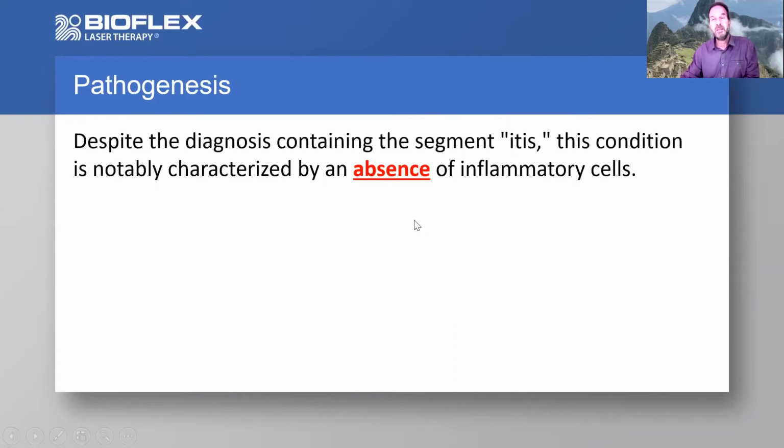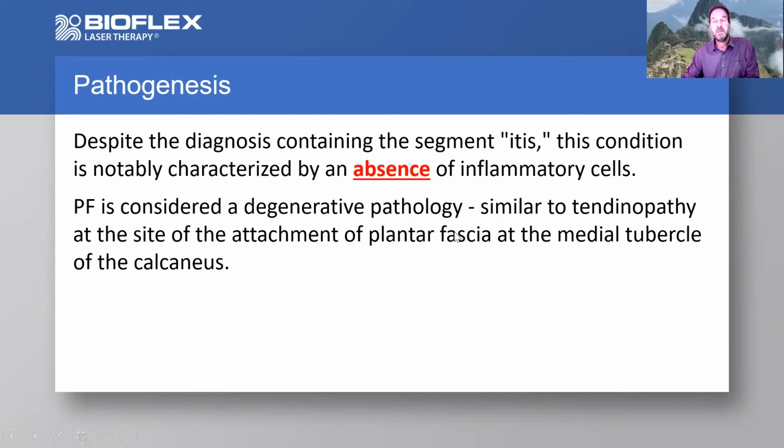So usually with plantar fasciitis, unless it's a fairly acute flare-up or tear, there's usually an absence of inflammatory cells directly in that tissue, although there can be some, but it's not like a true itis where you have tons and tons of inflammation. It's more of a chronic issue, so more of a degenerative type of pathology. It's kind of similar to tendinosis at the site of that plantar fascia attachment, as I mentioned, at the medial tubercle.